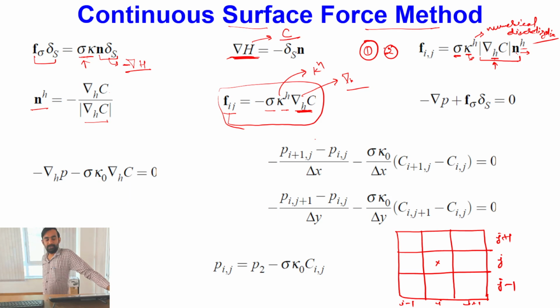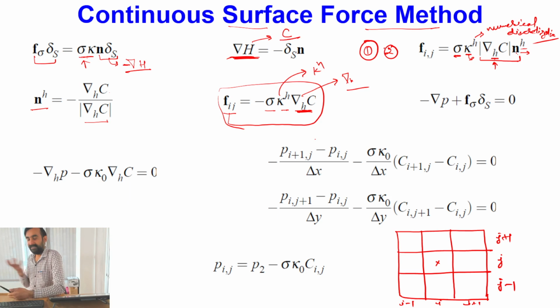Then viscous force, why does it come? It comes purely because of the shear forces. So for viscous force to act, the gradient of the velocity field should exist.